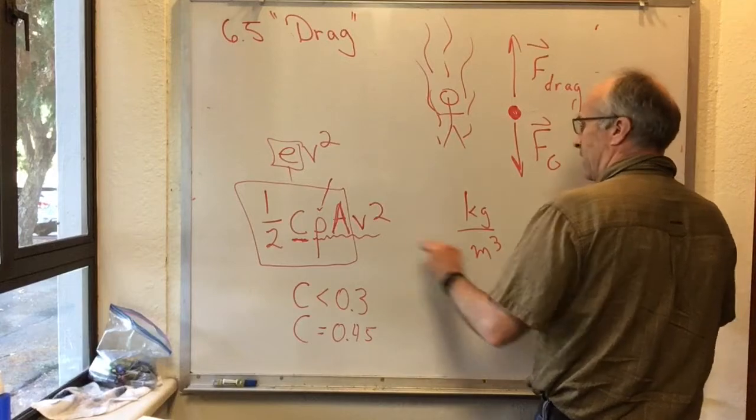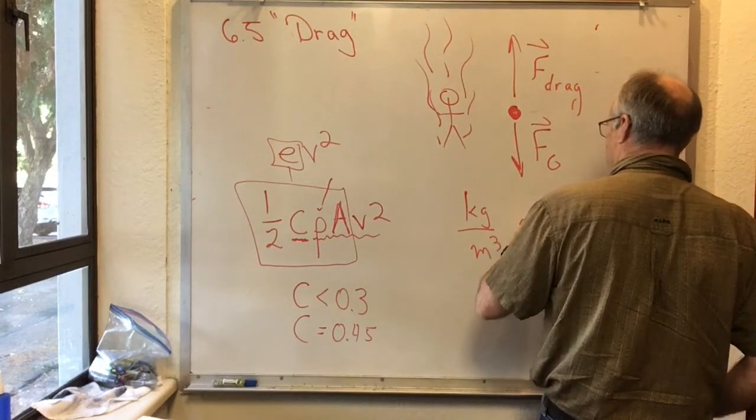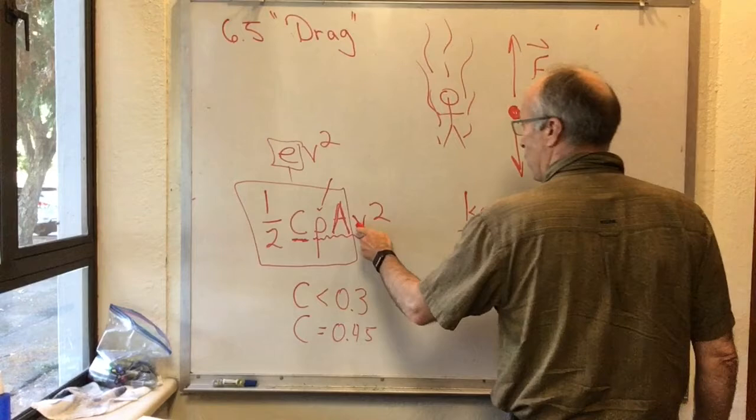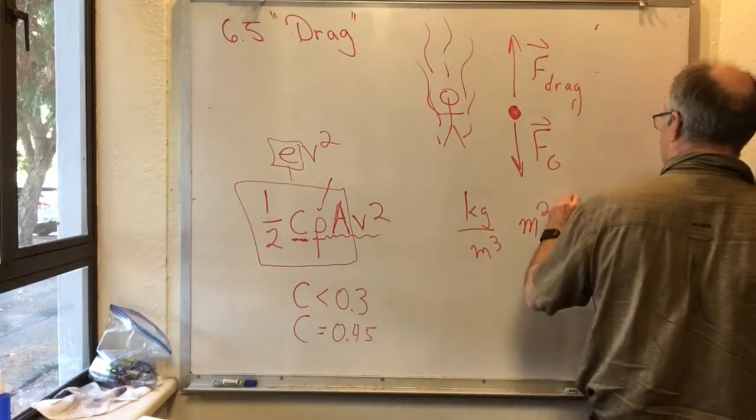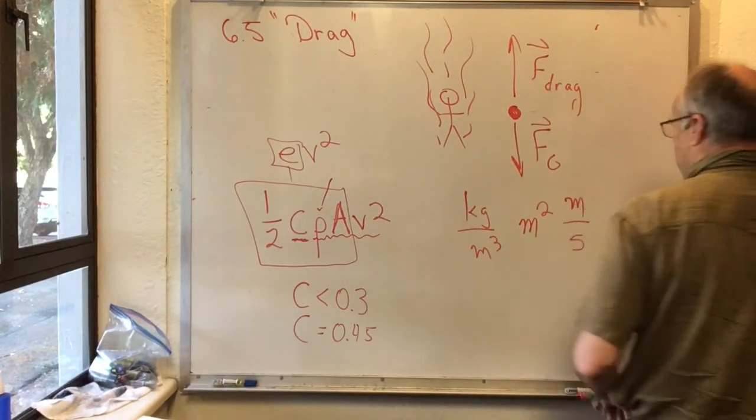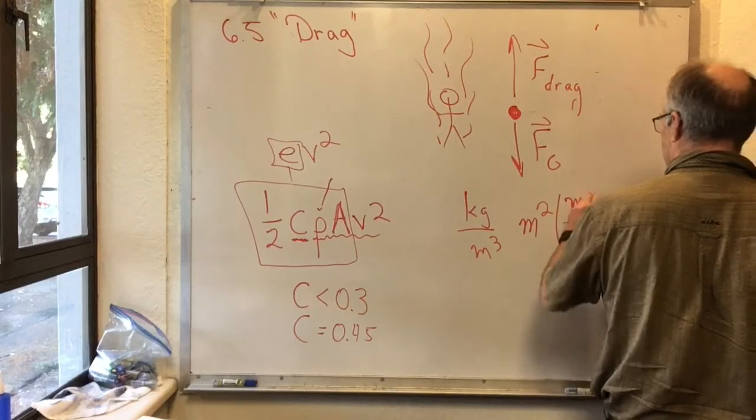And of course an area has dimensions meters squared. Meanwhile, V squared has dimensions in the MKS system, meters per second, and that's squared.